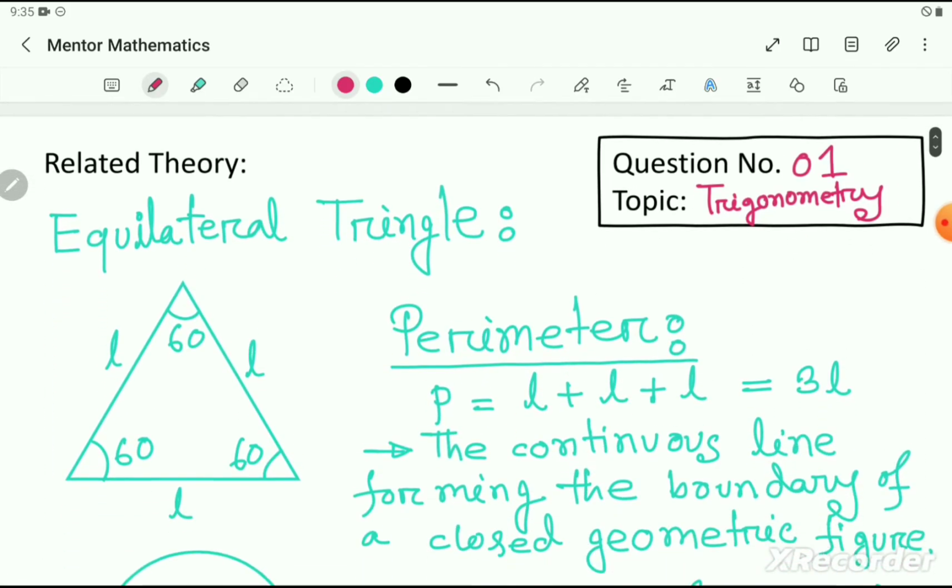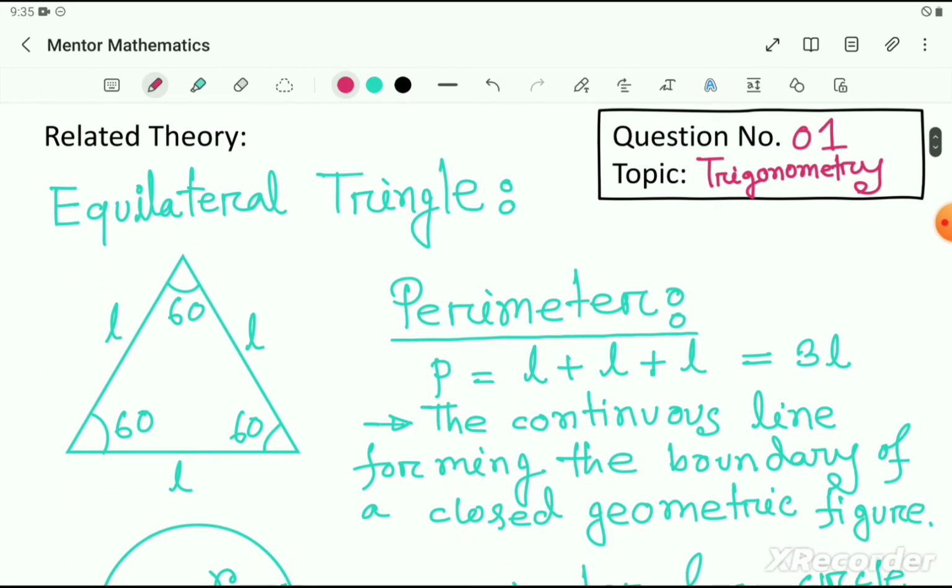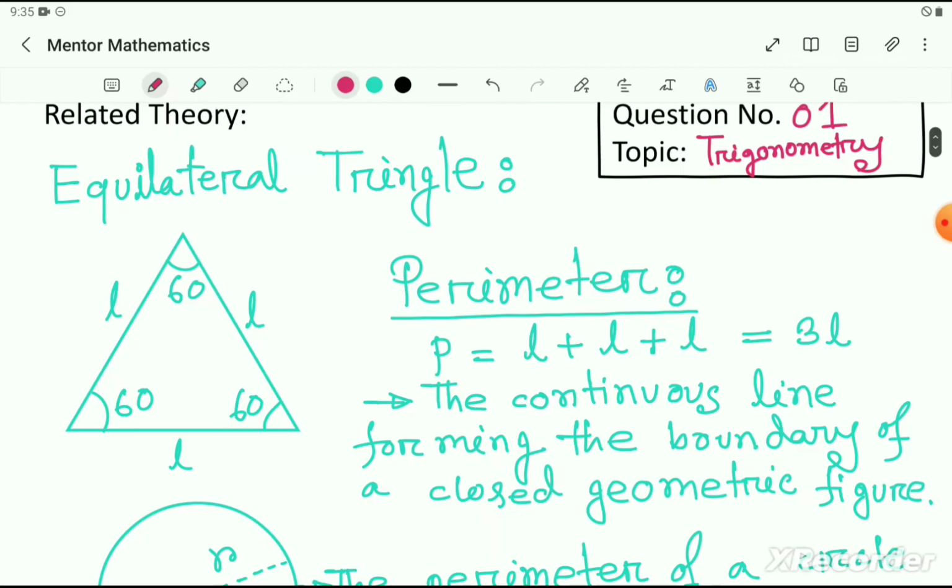Okay, so what is an equilateral triangle? An equilateral triangle is a certain type of triangle which has equal side lengths. For example, in this case you can see the side length is L, and it is the same.